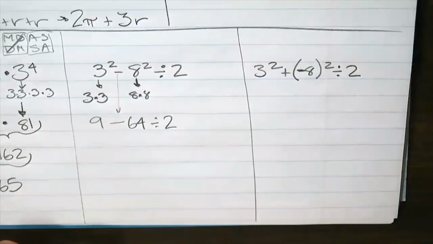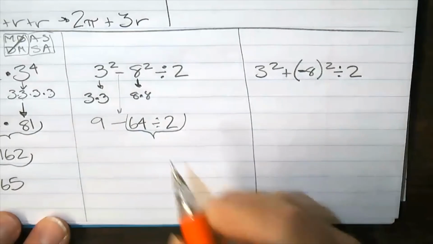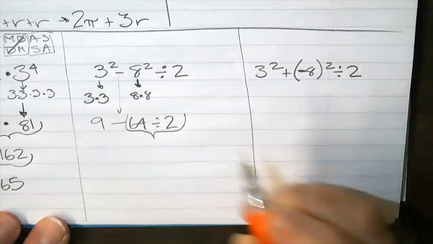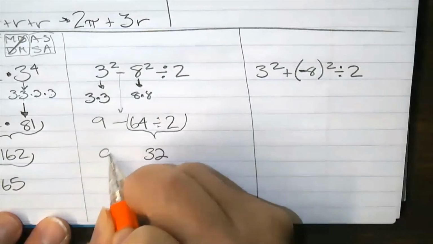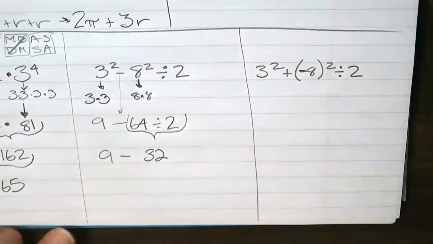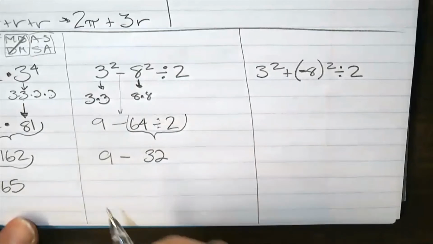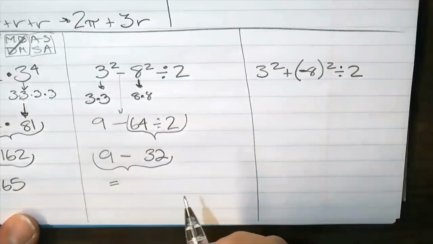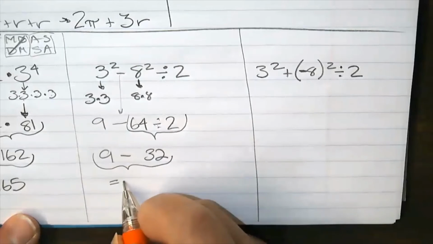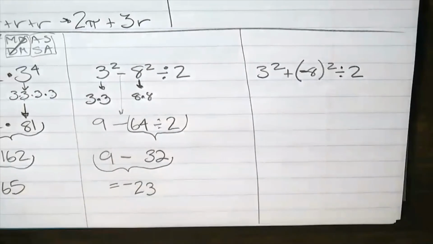Then I have multiplication and division. I'm going to do this. 64 divided by 2 is 32. Everything else comes down. And then addition, subtraction, 9 minus 32 is equal to -23.